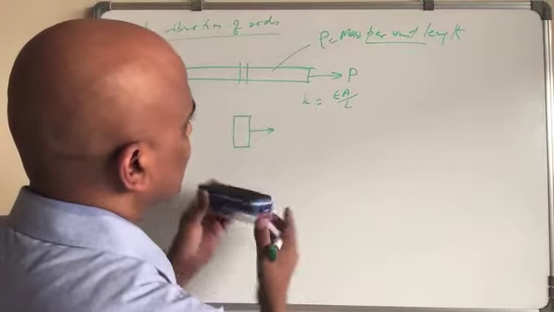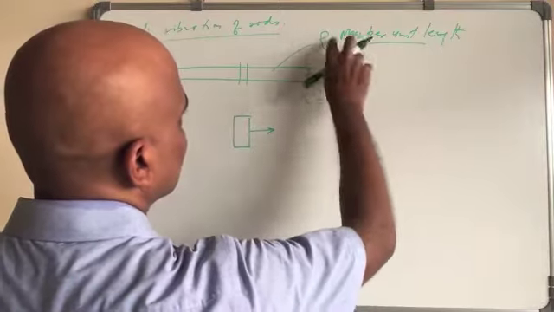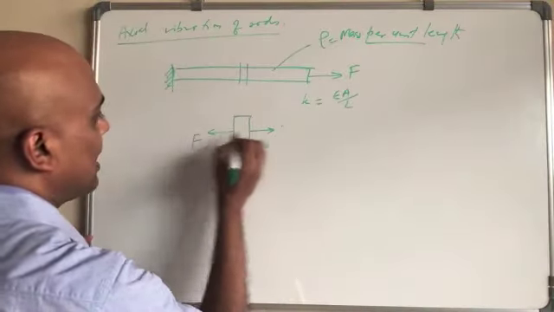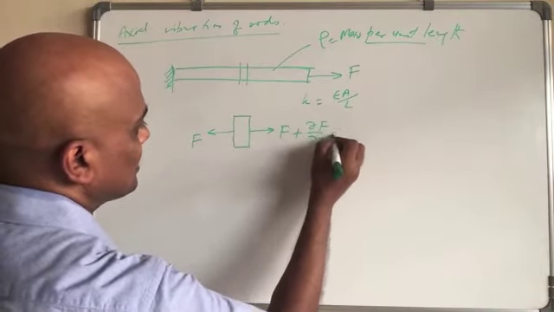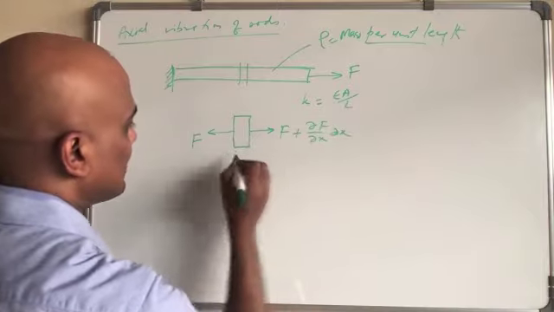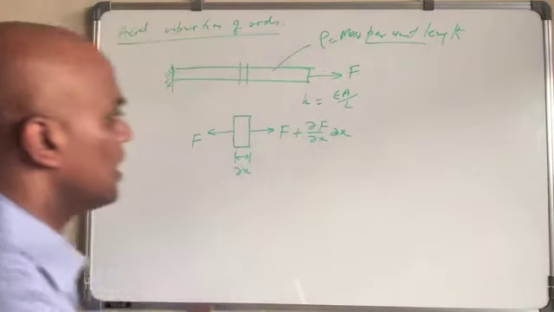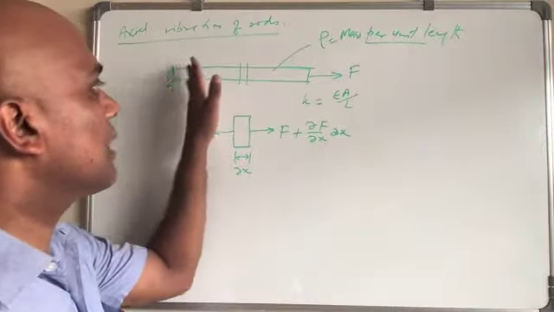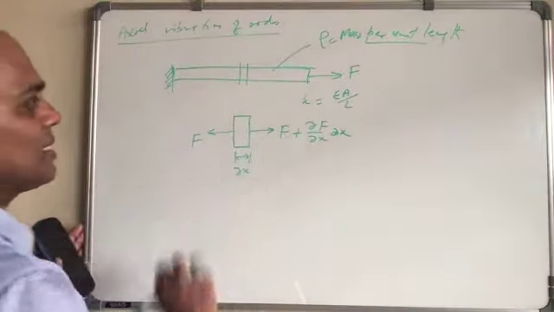We can write F instead of P, so that we don't confuse it with this rho. And here we can write F plus del F over del x, from here to here, del x is there. This is only the axial force, but the force may be different at different sections, right?